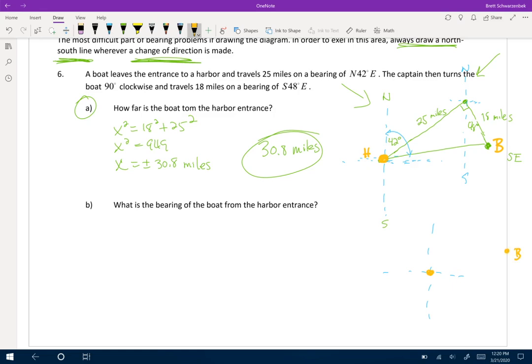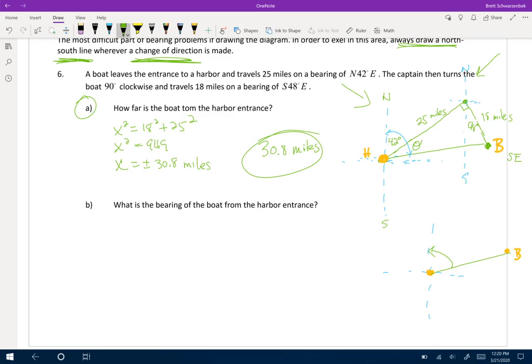If we redraw this line and we want to know what the bearing is from the harbor to the boat, then we have to measure the angle to the north-south line. That turns out to be this big blue line right here. We already know part of it is 42, so we have to figure out what this angle theta is going to be. If we can figure that out, we can just add it to 42 and get the bearing.